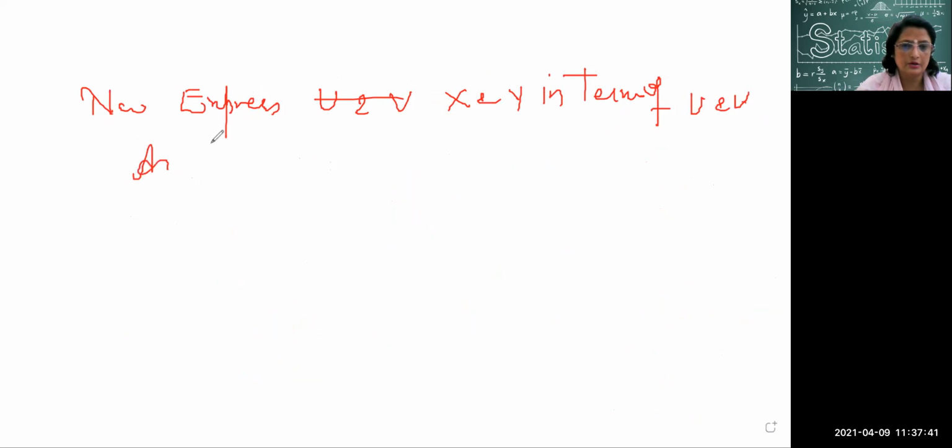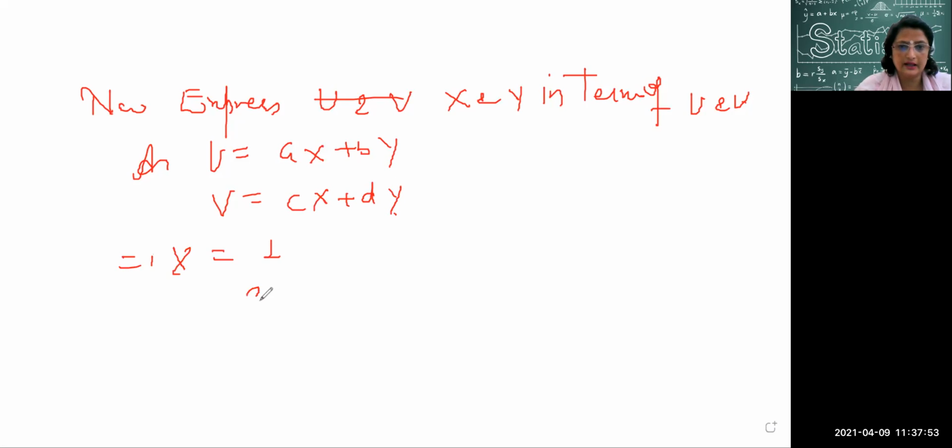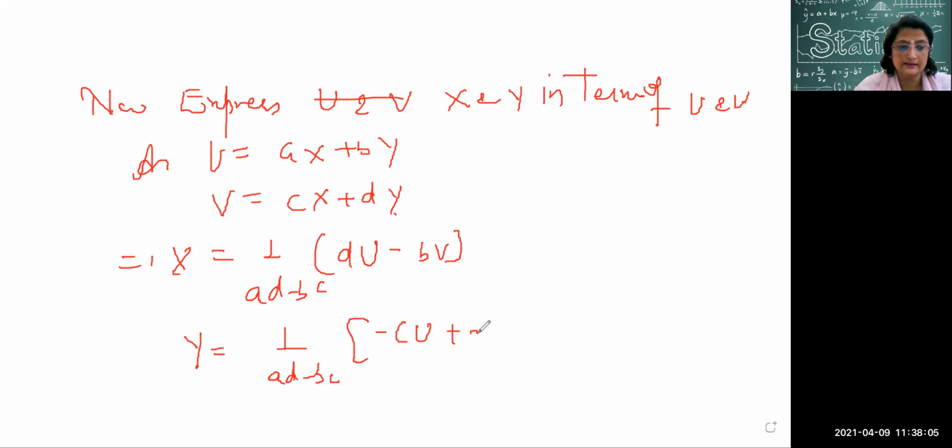As u is equal to ax plus by, and v is cx plus dy, this is a simultaneous linear equation, you know how to solve. I'm just writing the value after calculating. It implies x will be equal to 1 by (ad minus bc) into (du minus bv), and y is equal to 1 by (ad minus bc) into (minus cu plus av).